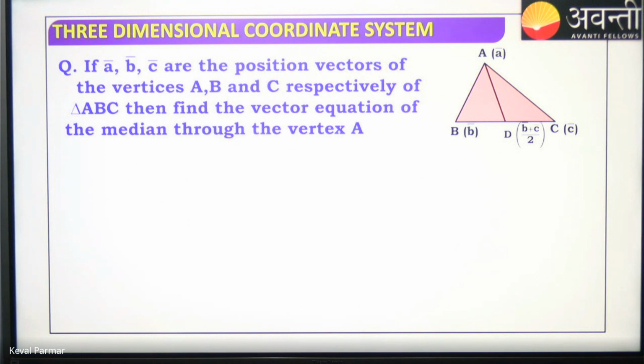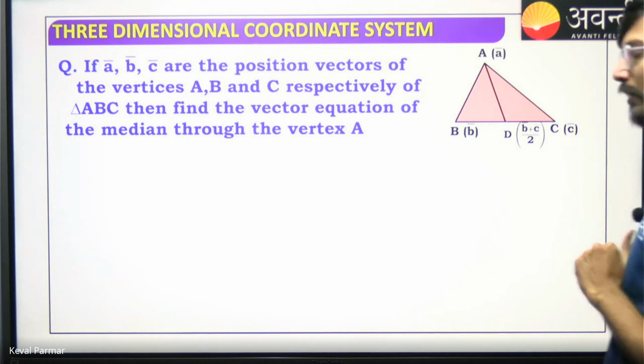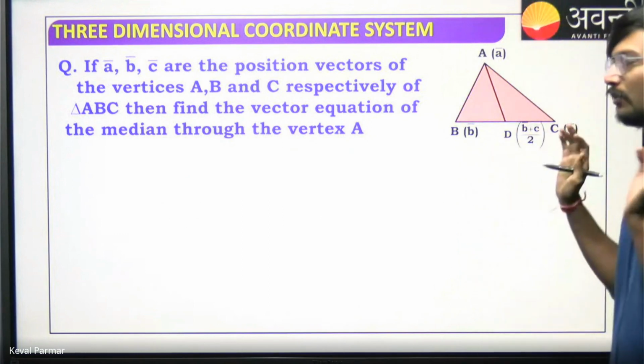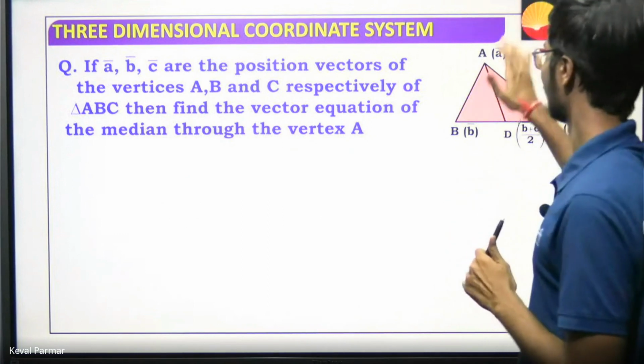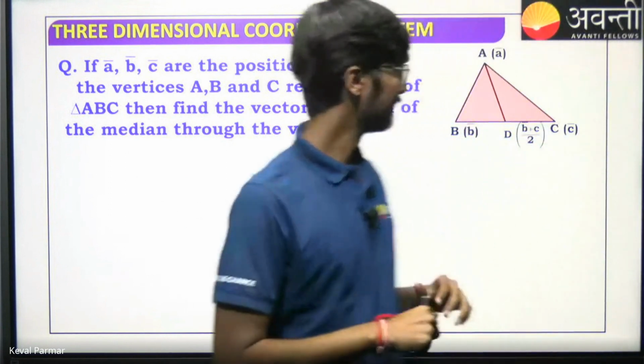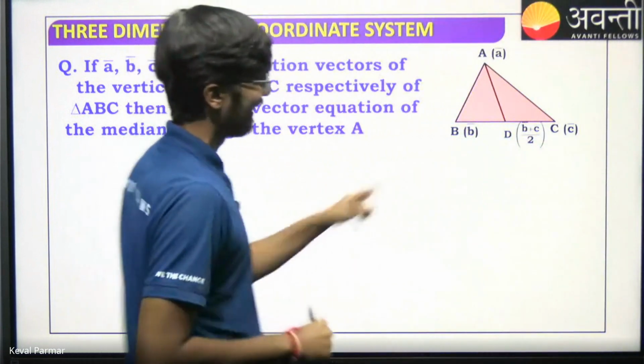Let's draw the diagram. So I hope you have read the question. Now, let me explain the question. This is a given triangle A, B and C, where AD is a median.